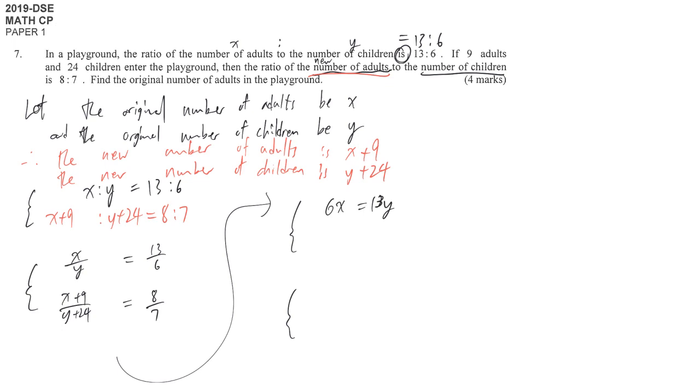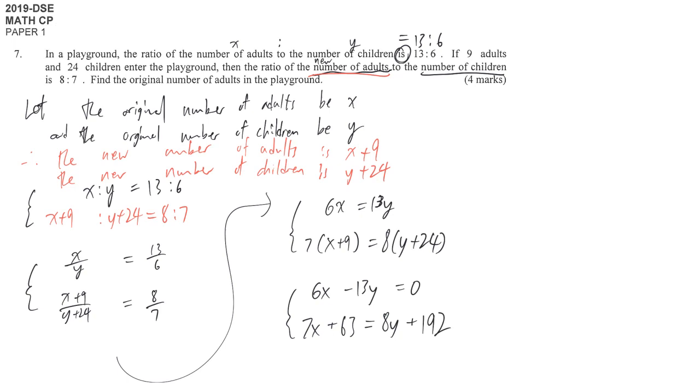And then the second equation: 7 times (x plus 9) is equal to 8 times (y plus 24). Make it become a standard format. 6x minus 13y equal to 0. 7x plus 63 is equal to 8y plus 192.